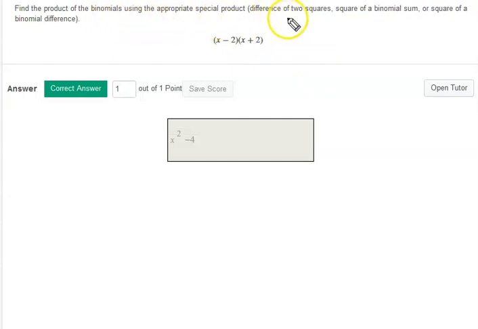Now, in this example, read it carefully. They're asking us to FOIL, but this is a special product. As we look at these, we see these are conjugates. And remember, when you multiply conjugates, the middle terms cancel out. So we just need to multiply our first, which will give us x squared, and our last, which will give us a -4.